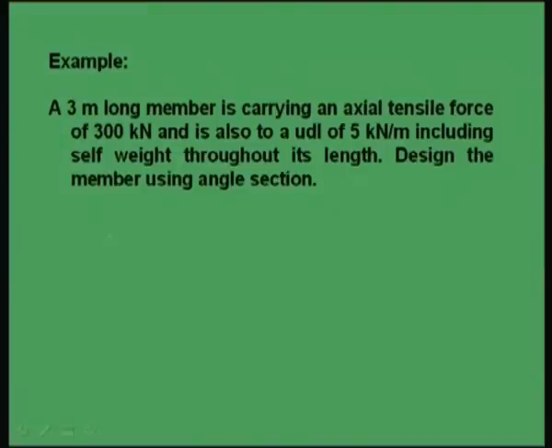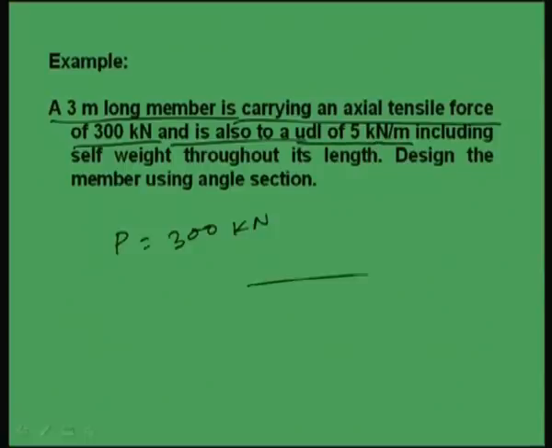Okay. Question: a 3 meter long member is carrying an axial tensile force of 300 kilonewton, and is also carrying a UDL of 5 kilonewton per meter, including self weight, throughout its length.